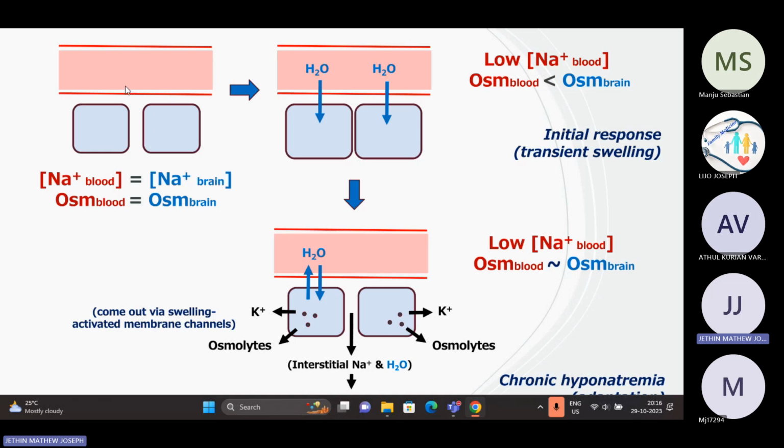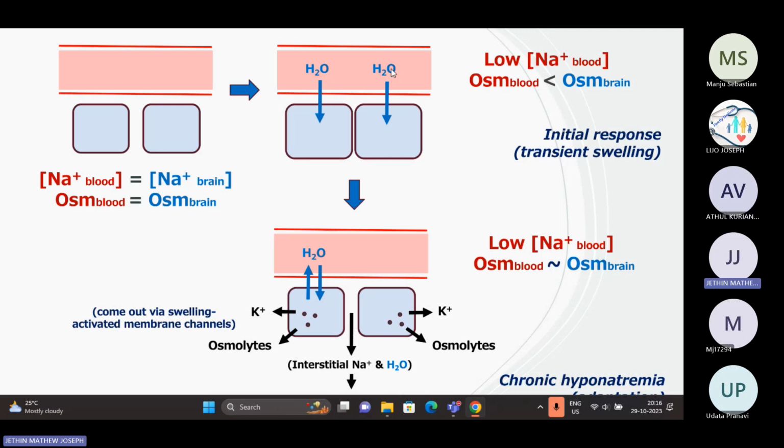Normally, osmolality is the same in the blood and the brain. When there is hyponatremia, because of decreased plasma osmolality in the vascular space, water is going to move into the brain cells and cause swelling. This transient swelling is the initial response to low sodium in the blood.